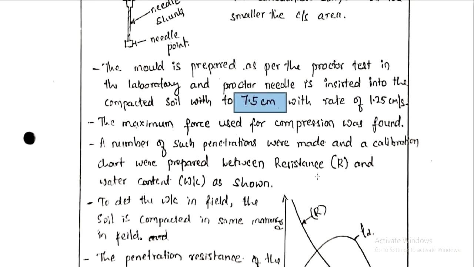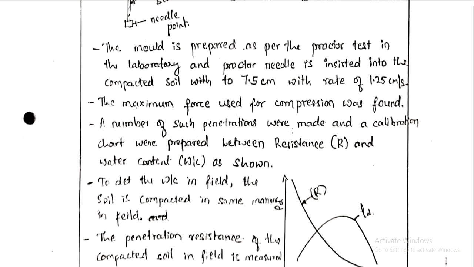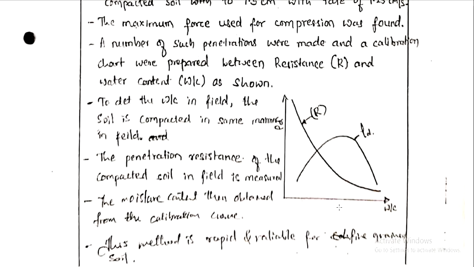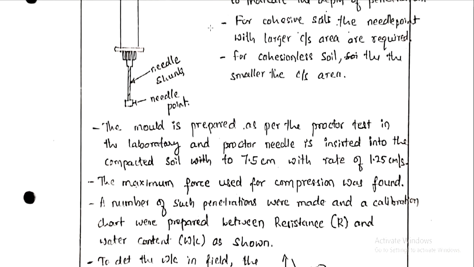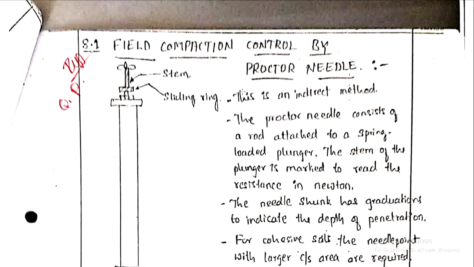We calibrate the Proctor needle using this procedure and plot the graph of water content versus resistance to penetration. Based on the resistance to penetration in the field, we find out the water content. This method is rapid and very useful in the field.